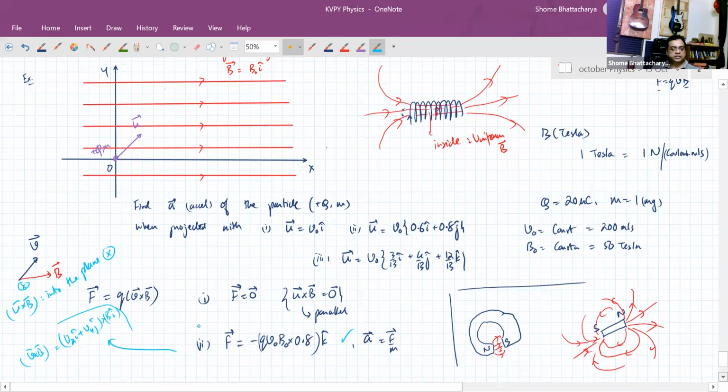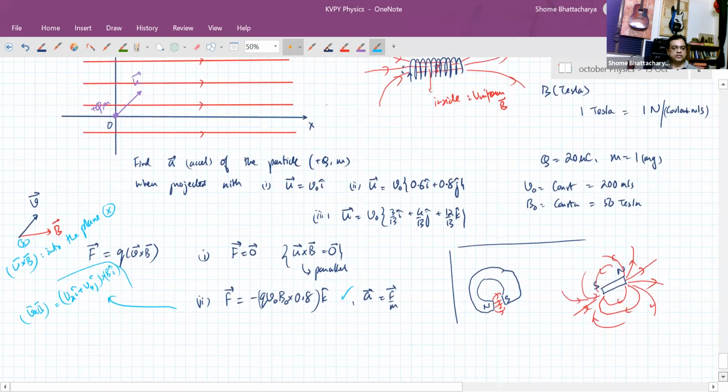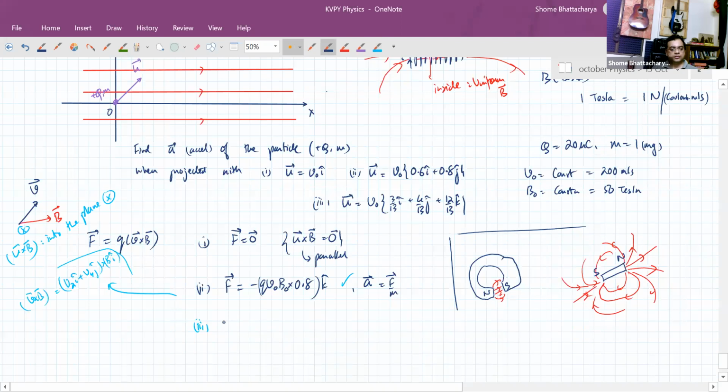And in the third case, now this is where you have to use the cross product. So when you do the cross product here, you will see, now this term will give you 0. Then this term will give you again minus k cap, so minus 4/13 k cap.